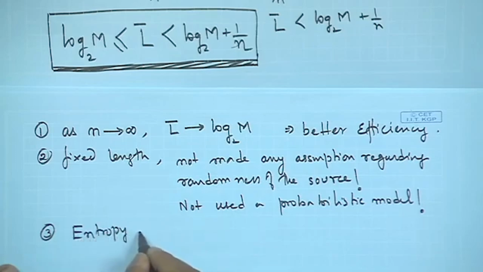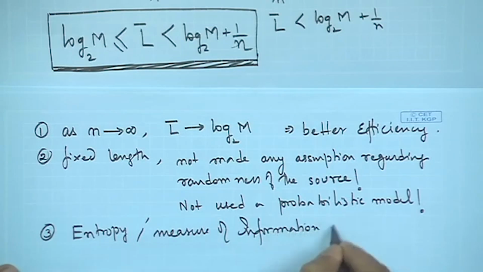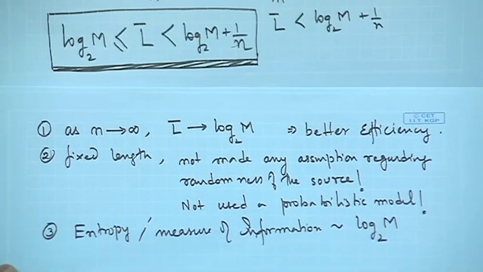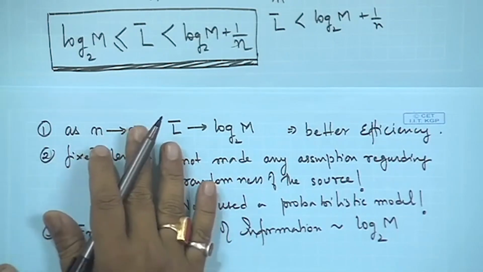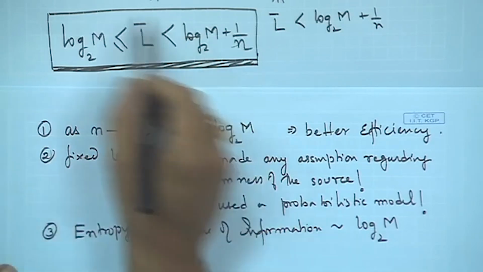Why entropy, or the measure of information, is expressed as log base 2 of some number. What is that? We are going to see at a certain point.